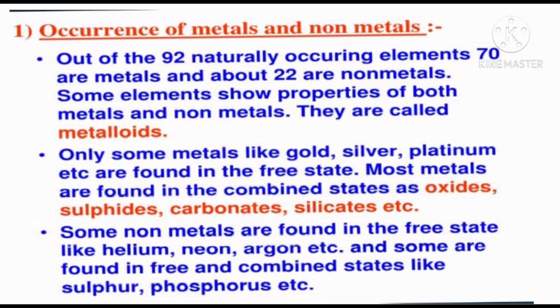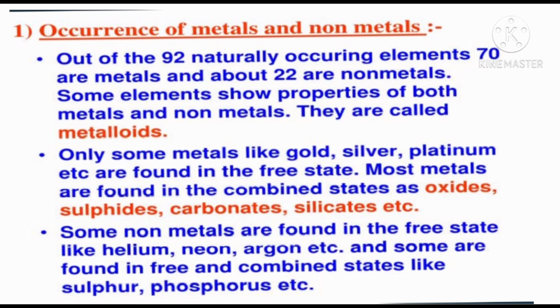Only some metals like gold, silver, platinum, etc. are found in the free state. Most elements are found in the combined state as oxides, sulfides, carbonates, silicates, etc. Dear students, about this you will be able to understand in the higher classes.